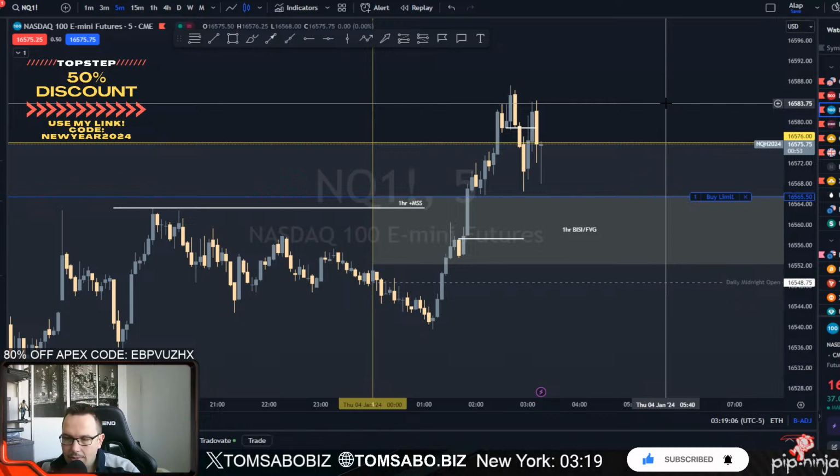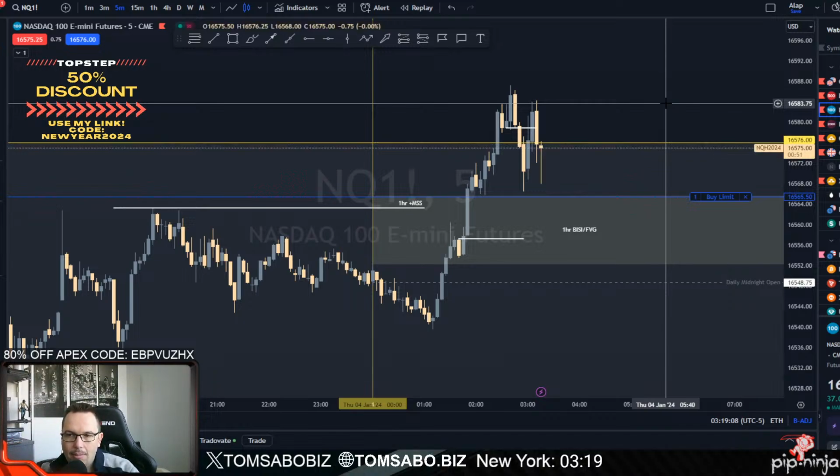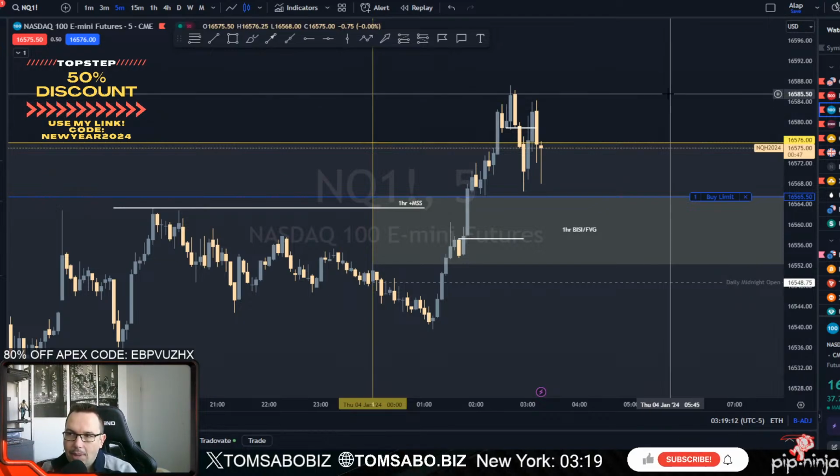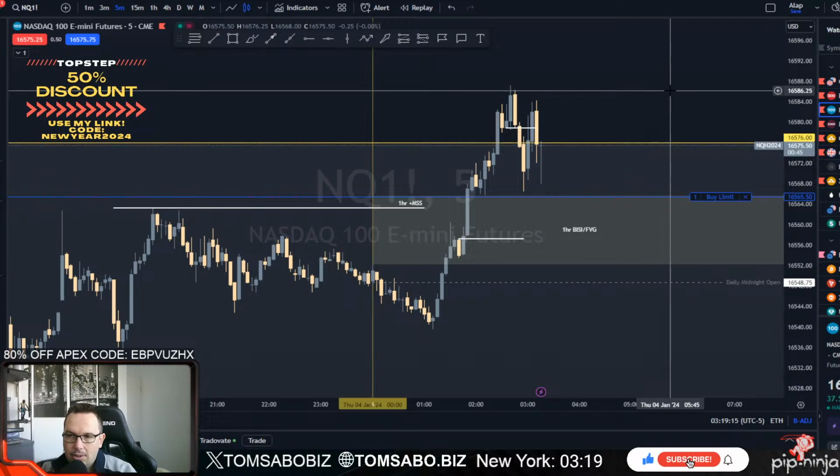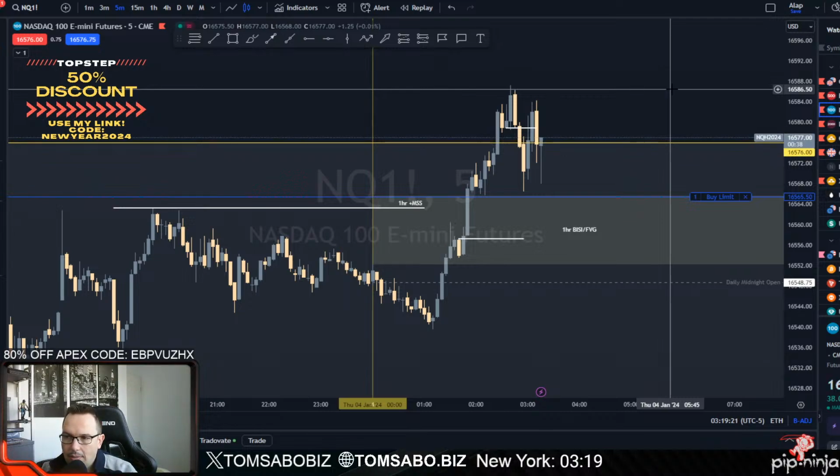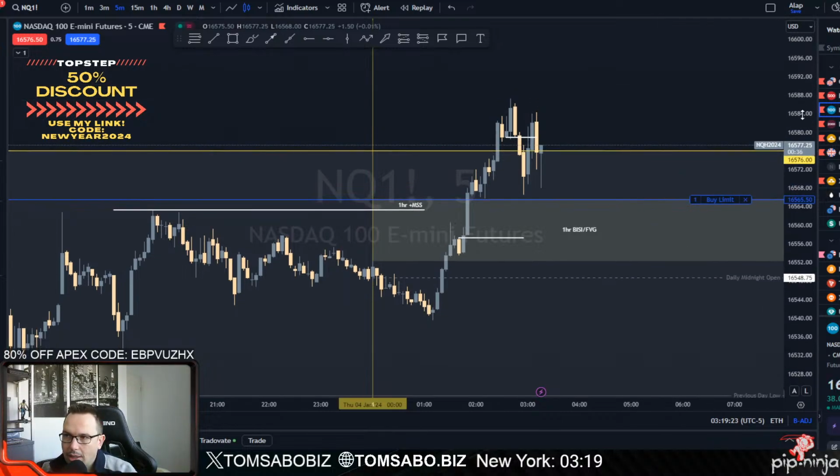If you have more than 3 combine accounts passed, you can still activate them and pay the activation fee, and Topstep is going to put those accounts aside, and you're not going to lose those combine accounts due to the lack of activation.